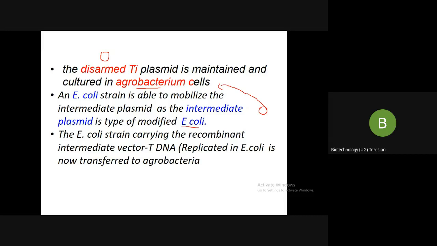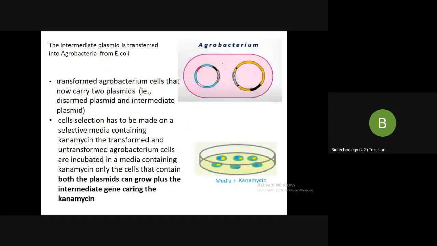Now how will this Agrobacterium look like? This is how it will look like. So this is your disarmed Ti plasmid, and this is your intermediate plasmid from the E. coli. So the intermediate plasmid, after it has been replicated in E. coli, is transferred into the Agrobacterium.